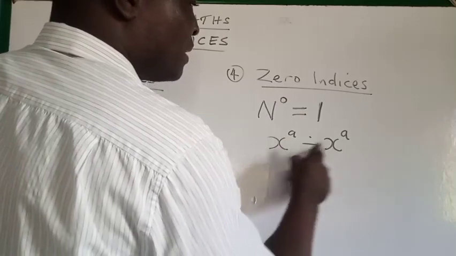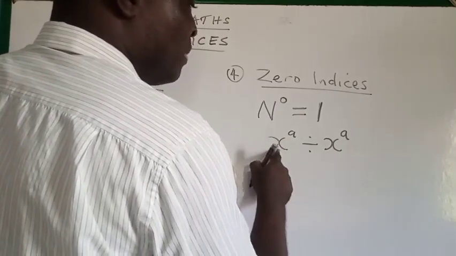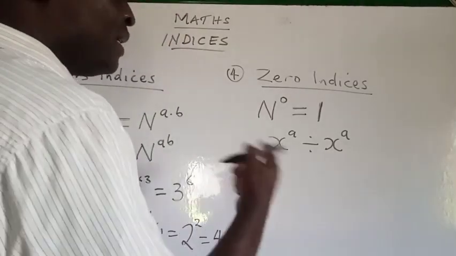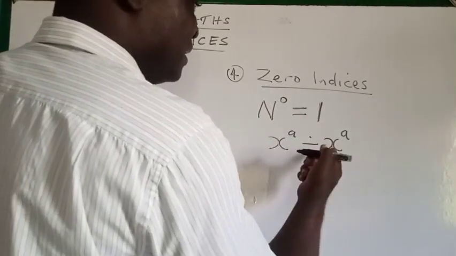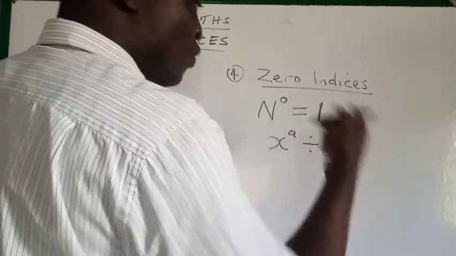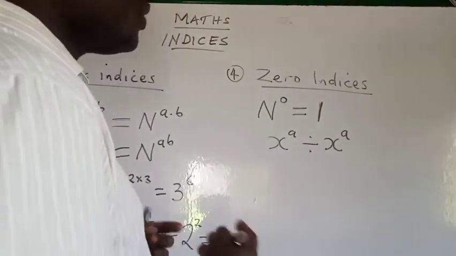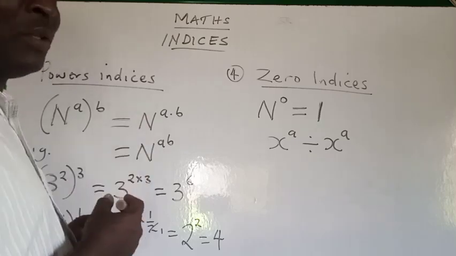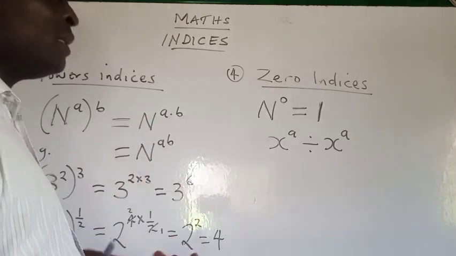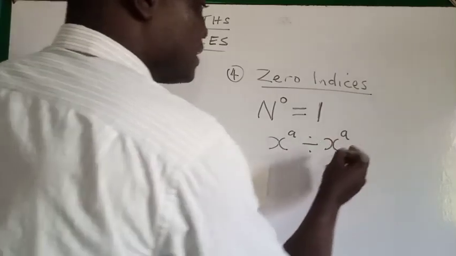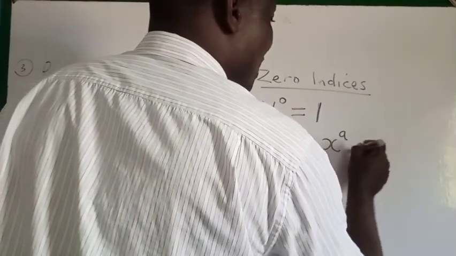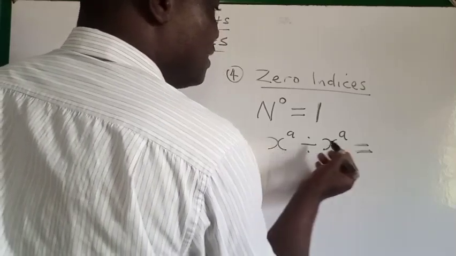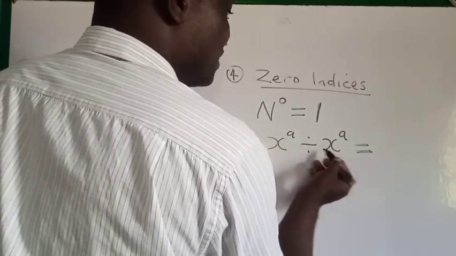These are two numbers, the same. This value is the same as this value. We have said that when a value divides itself, it becomes 1. Do you still remember when we discussed the division law? If you do, then this law says that we just pick the root number, that is x.